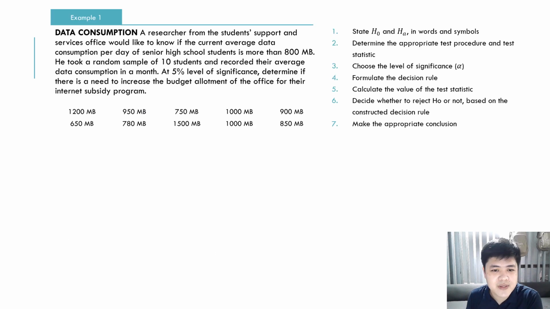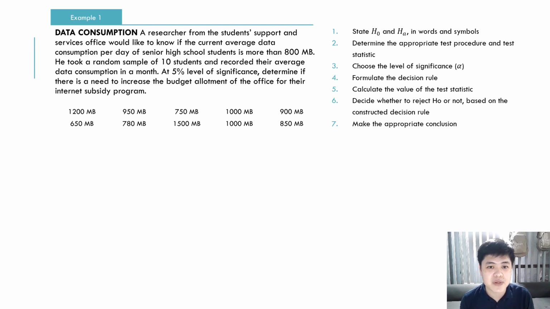I have written here the steps in hypothesis testing so that we are guided. The first one is we're going to state the null and alternative hypothesis, which we actually did in the last lecture. The first thing you need to consider is the claim, or what the researcher wants to test.